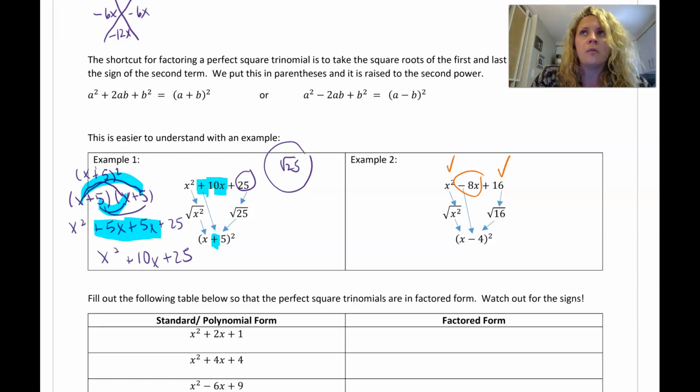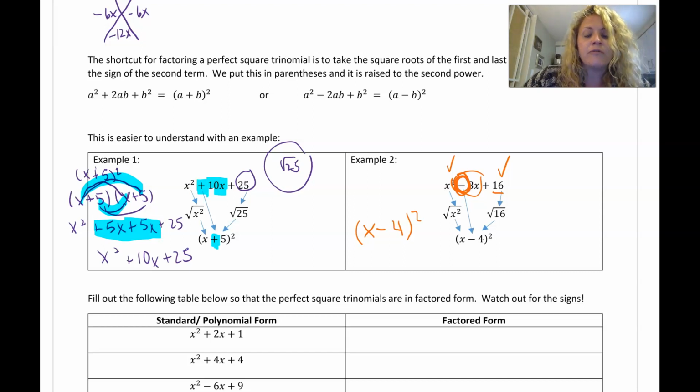So that's just a way I can check that it's a perfect square trinomial. So now I'm just going to take the square root of the first term, x squared, so its square root is x, the sign of the second term, subtraction, and the square root of the last term. So the square root of 16 is 4, x minus 4 squared. That's all you've got to do.